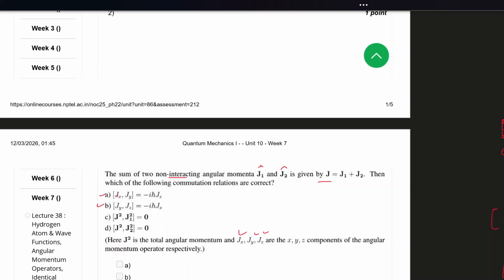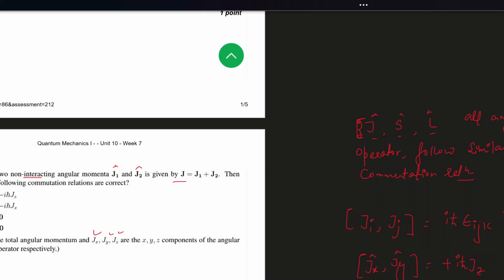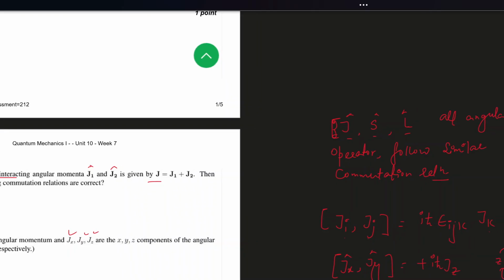Similarly, so these are known relations. I will not elaborate all of them, but in the same manner, if you have [Jy, Jz], then you land up at plus iħ Jx. But if you reverse the sequence to [Jz, Jy], then you get minus iħ Jx.